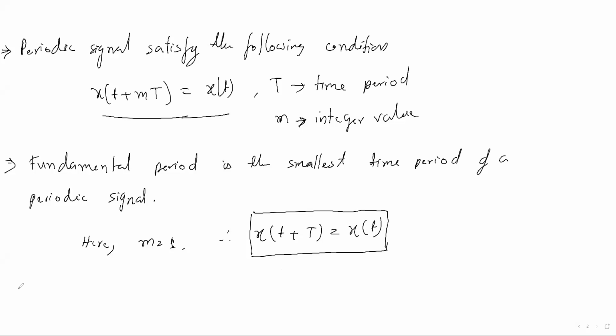So what is called aperiodic signal? You can write the definition from the above also. A signal that does not repeat itself.